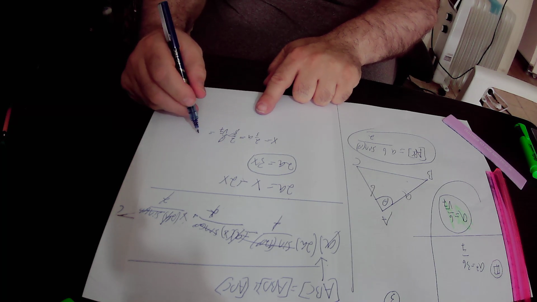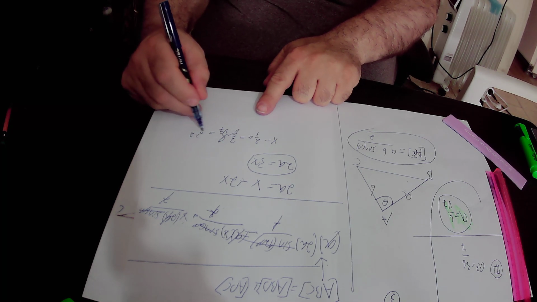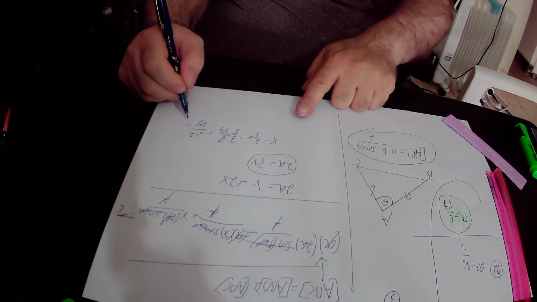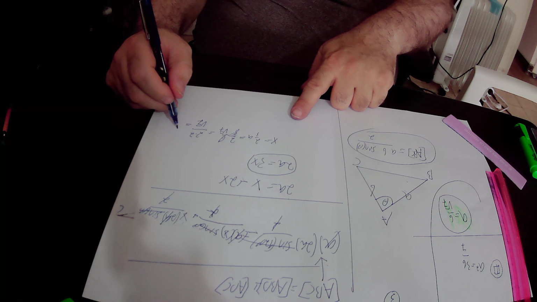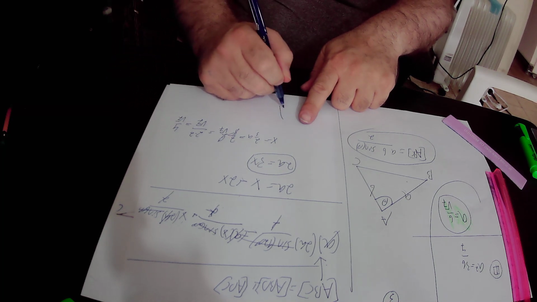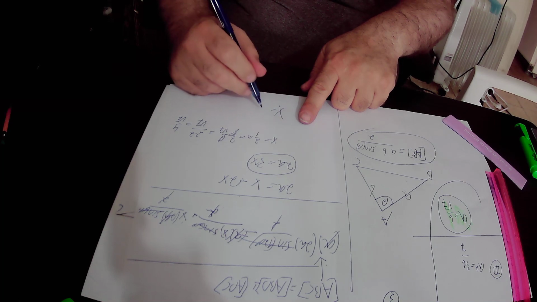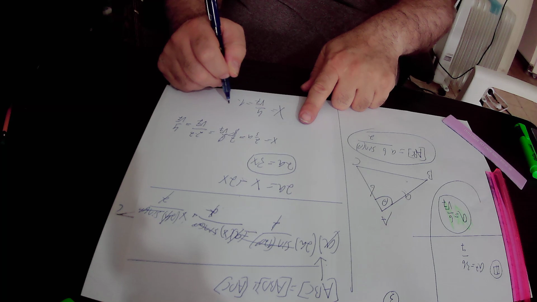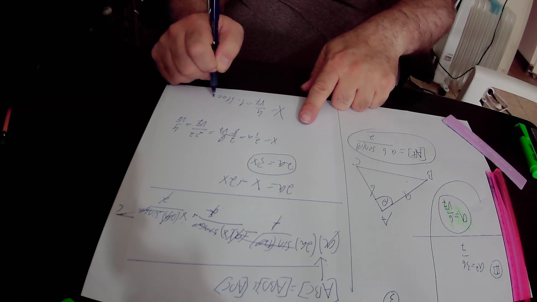So here we will have 2 times 2 over square root of 7 units. So in conclusion, x equals 2 times 2, that is 4 over square root of 7 units, or in terms of numbers it is equal to 1.51 units.